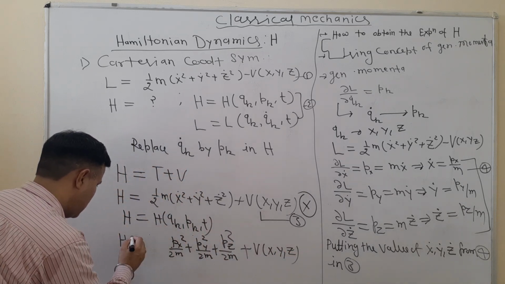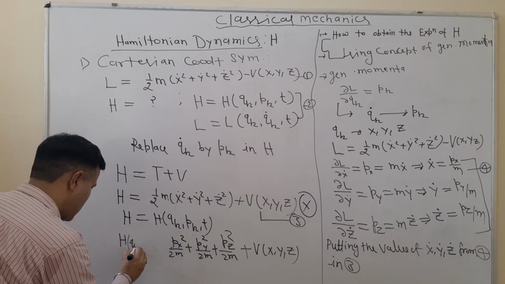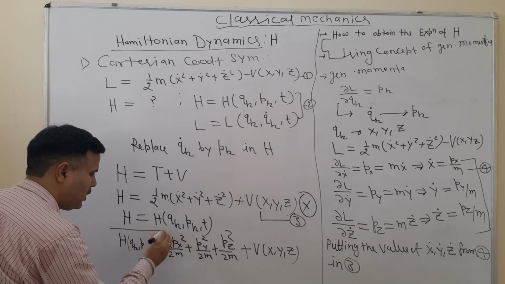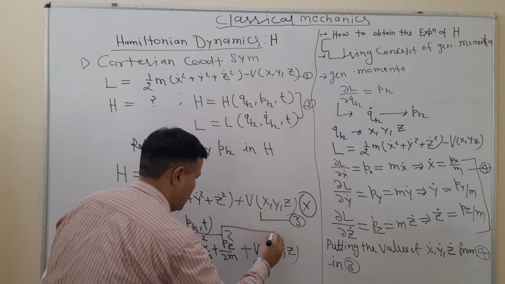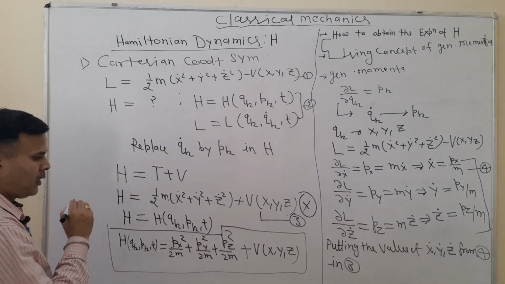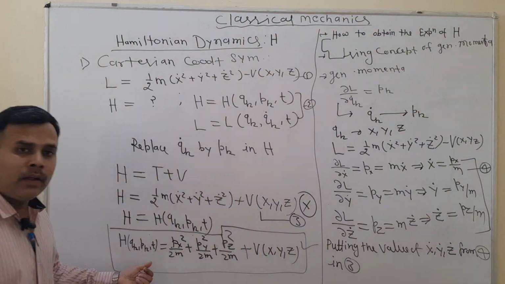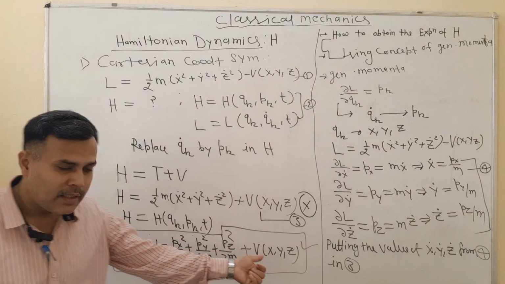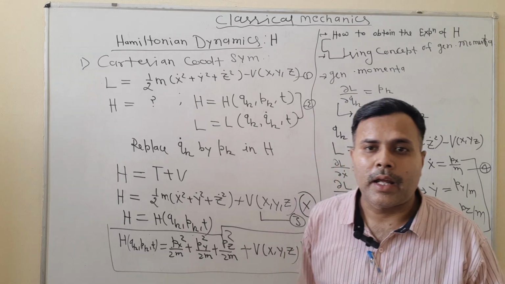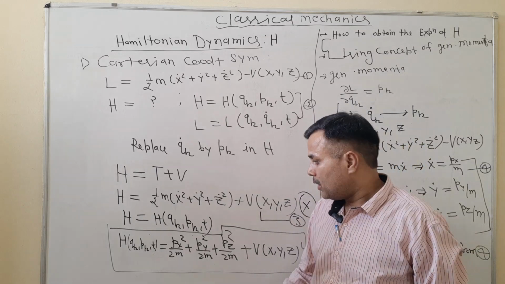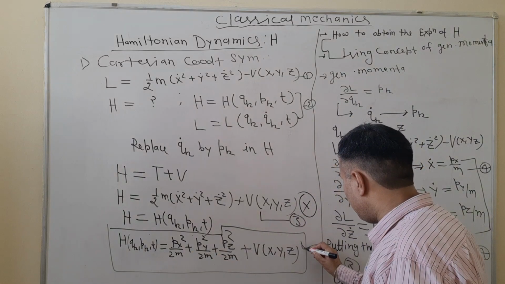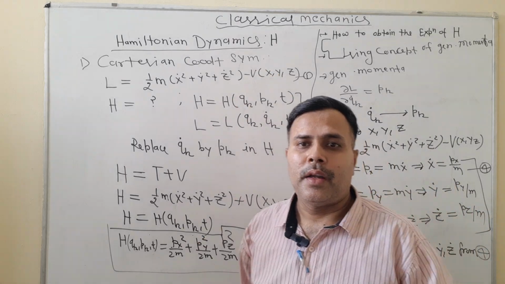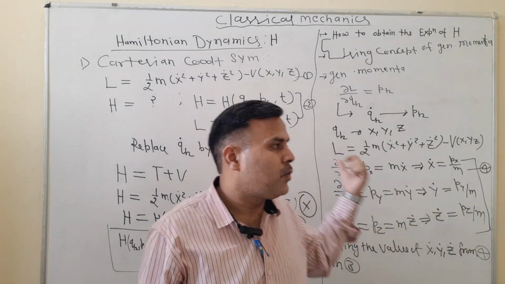So now this is H of qk, pk, t, and there is no t term. Now we can see that our Hamiltonian is a function of generalized coordinates and generalized momenta instead of generalized velocity. So now this is the correct expression of H, and this is the way to write the expression of H for a given L. This is the simplest coordinate system.